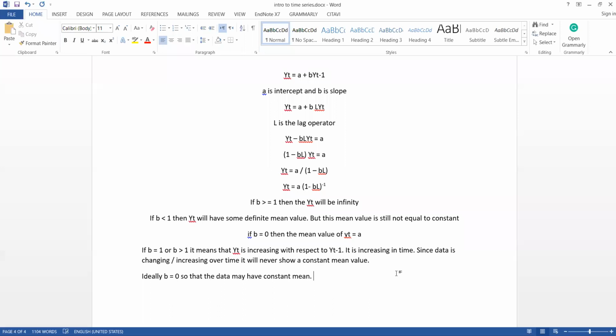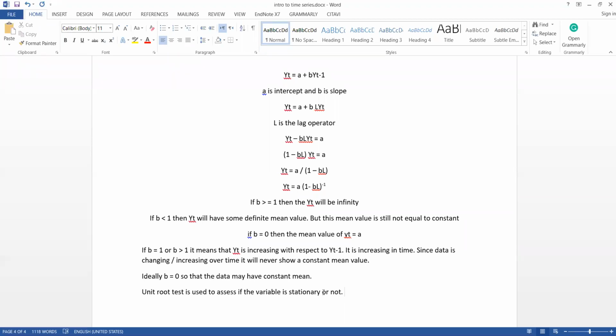This gives us a method to check if the data is stationary or not. This test is called a unit root test. If b is equal to 1, it means it has a unit root. So the unit root test is used to assess if the variable is stationary or not.